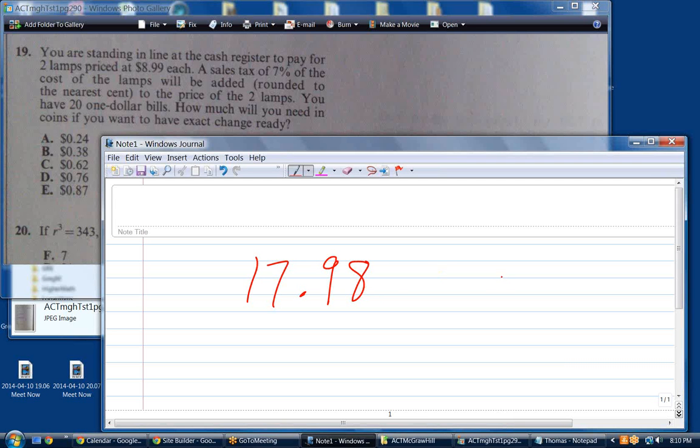So anytime we see a percent, we have to convert it to a decimal. What is 7% equal to? 0.7. 0.07. 0.07. 0.7 would be 7/10. That would be 70%. In other words, the difference between percent and decimal is you move the decimal 2 places.